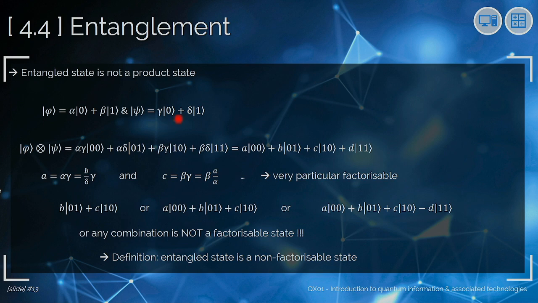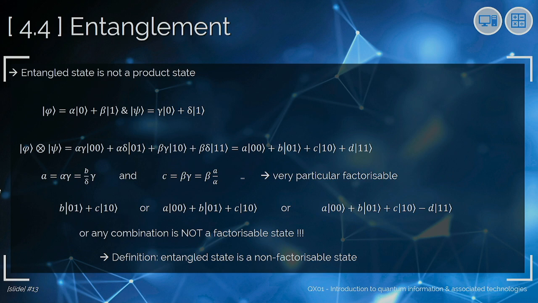But as soon as you move away from this particular case, for instance, as soon as you have this state, B001 plus C10, or this one, then basically any combination that is not this one is not a factorizable state. What it means is that the output state of the 2 qubits cannot be written as the product of the 2 separate qubits in a standard sense.